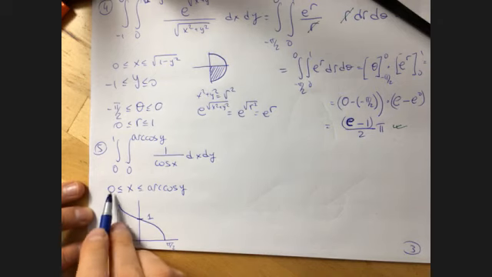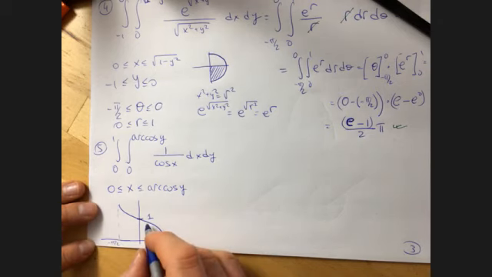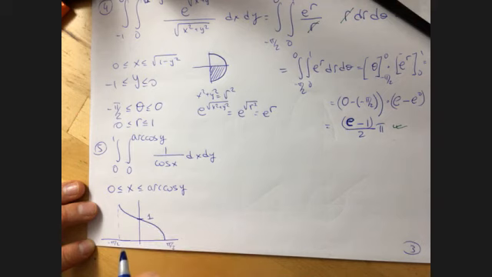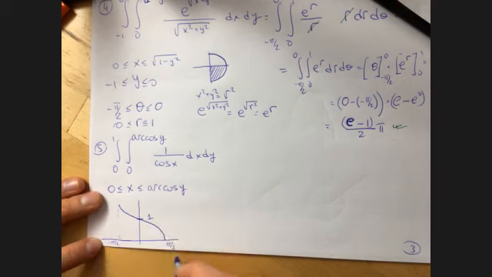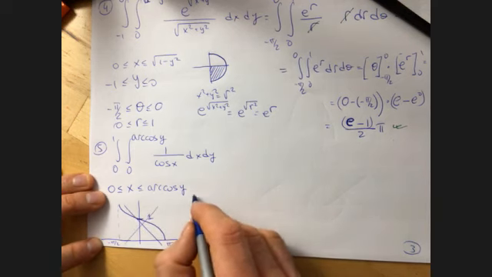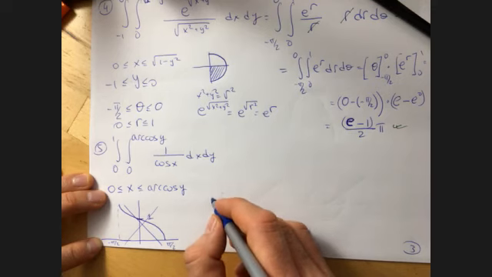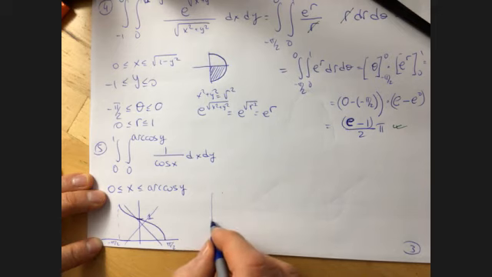So when x goes from 0 to arc cosine of y, sorry, x is less than arc cosine of y. Sorry about that. This is wrong. So this will look like this, right?